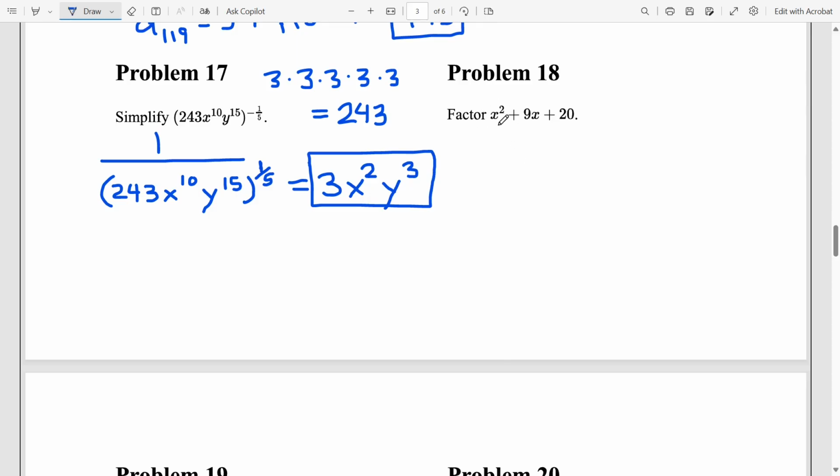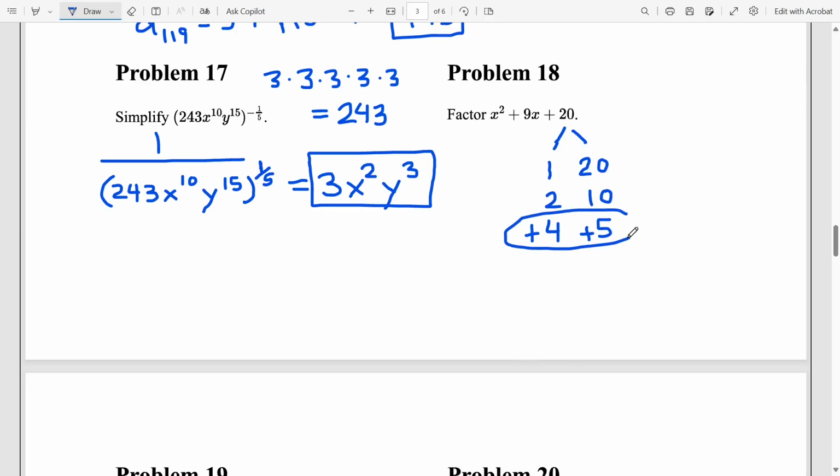All right, next one, we're going to factor x squared plus 9x plus 20. And we've got the number in front of x squared equal to 1. So we can just list the factors of 20. And we have a positive and a positive here, so I'm going to stick to positive factors. So we could do 1 times 20, 2 times 10, or 4 times 5, and positive 4 times positive 5, that equals positive 20, but adds to positive 9.